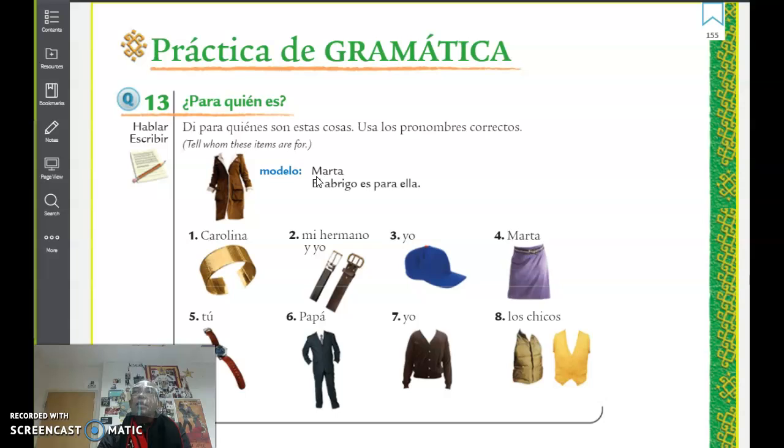So you will say first of all the item, and then you will put the preposition. La pulsera es para Carolina. Los cinturones son para mí, hermano y yo. So, in other words, here you're just going to use the preposition para. And it will always go before the subject pronoun, okay? Or the name.